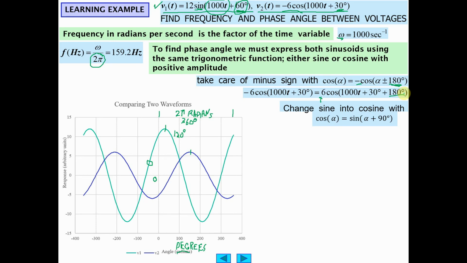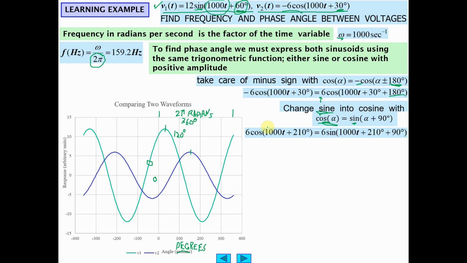Now, we're going to take the left-hand side and make the sine into a cosine. So sine of an angle plus 90 is the cosine. Or we can do it vice versa, converting the cosine into a sine. So we're converting this into a sine.